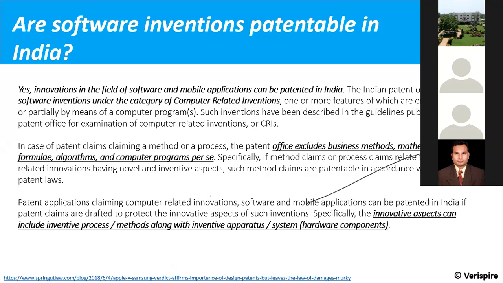But the Computer Related Inventions guidelines state that if software has some technical specification and is an inventive process with some hardware components, then it can be patented. So for a software related invention, you need to have a technical specification and some hardware components also.